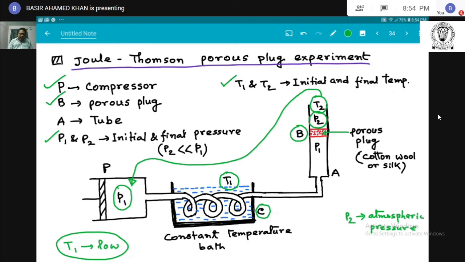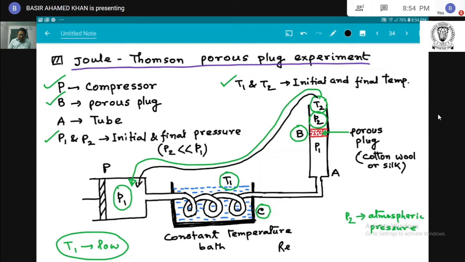Now again the temperature is cooled, then again I put the gas successively, in a cyclic way, and compress the gas, and after passing through the porous plug the gas becomes more cooled, and this process is called regenerative cooling. In a cyclic way we change the temperature of the gas after expansion, and this is called regenerative cooling.